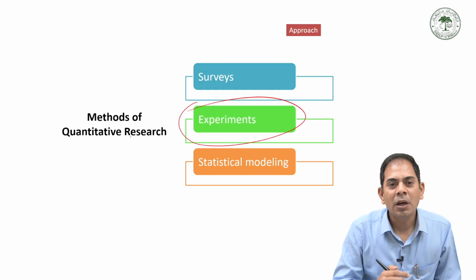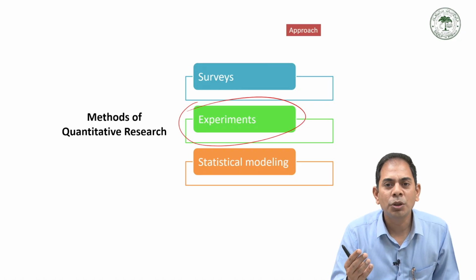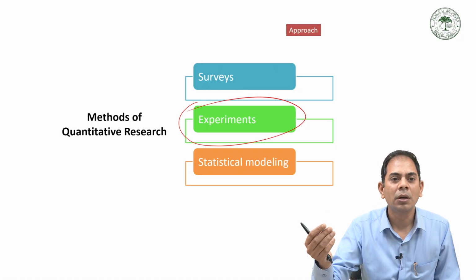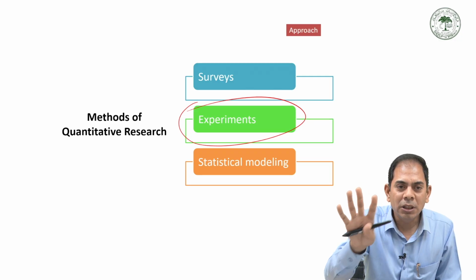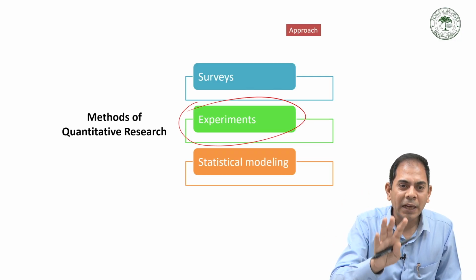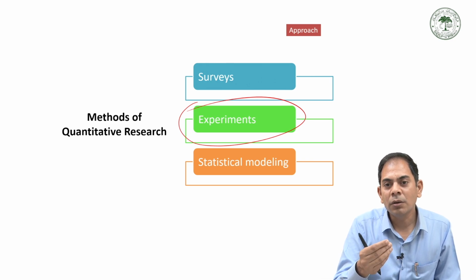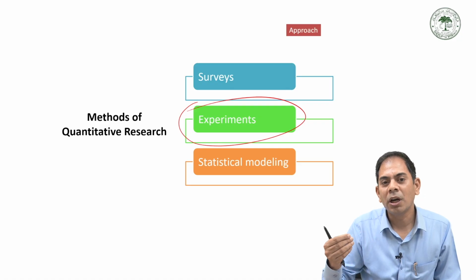Experiments are a research method used to test the effect of one variable on another, especially in controlled conditions. In experimental research, the researcher changes or controls one factor called the independent variable, and observes its effect on another factor called the dependent variable.